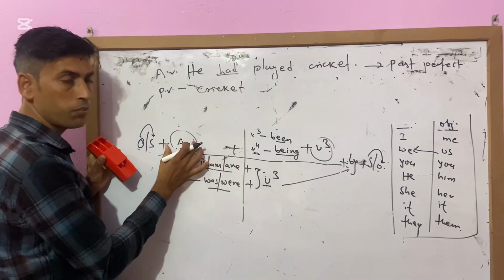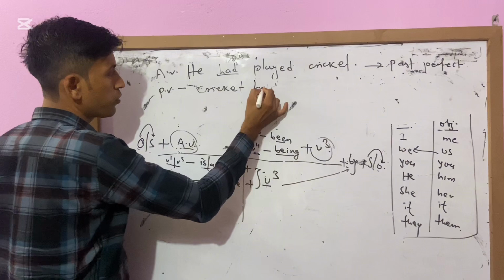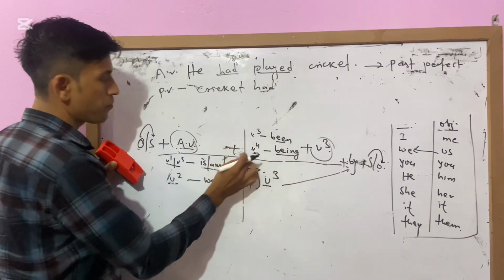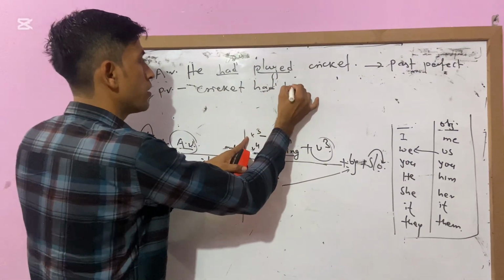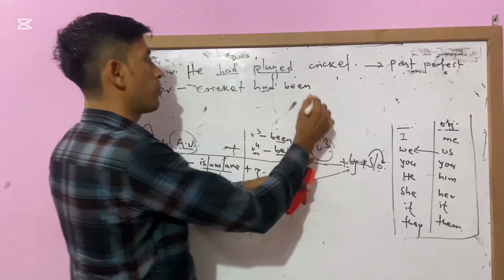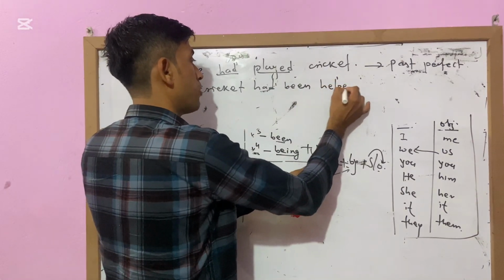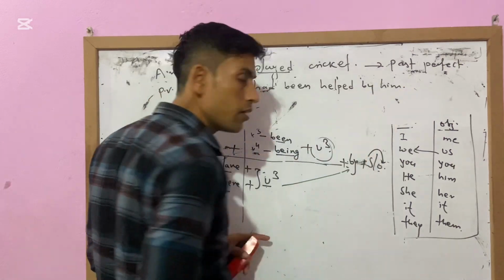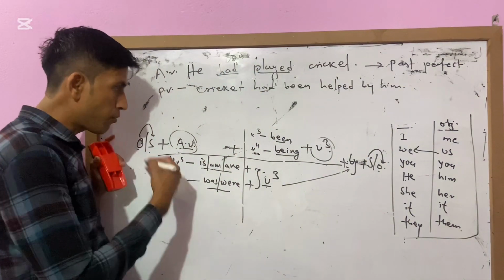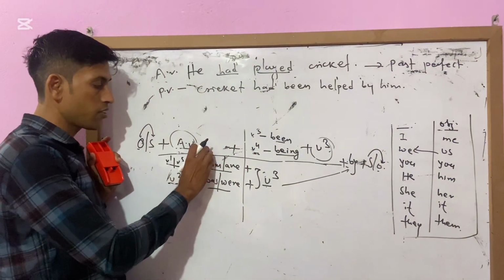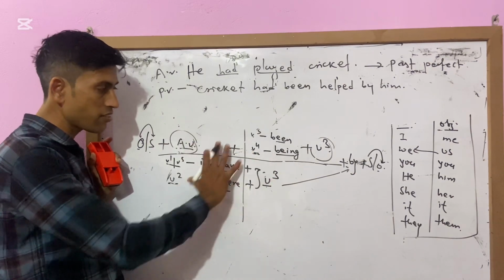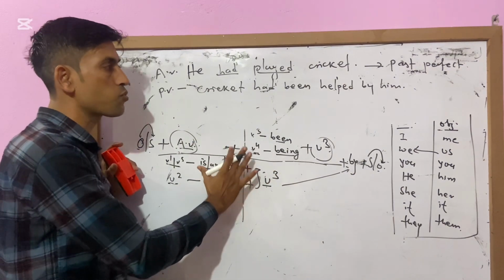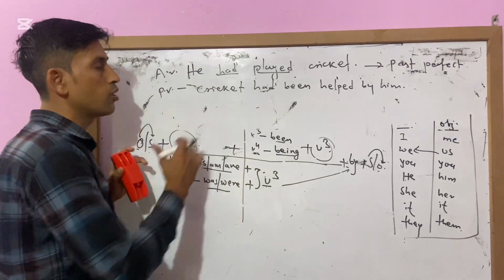Had is the auxiliary verb. Had we use. Then verb 3 is given, then we use been. Then again verb 3, then by, subject by object: he becomes him. So overall, this is all the tense structures by which we can change active to passive properly.